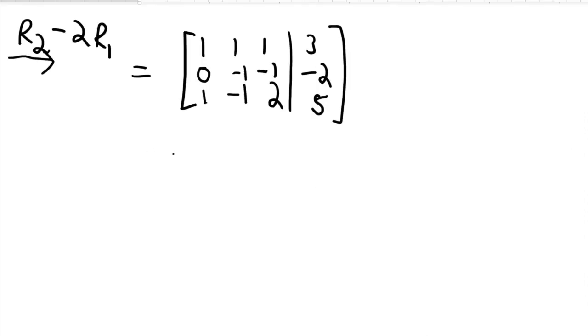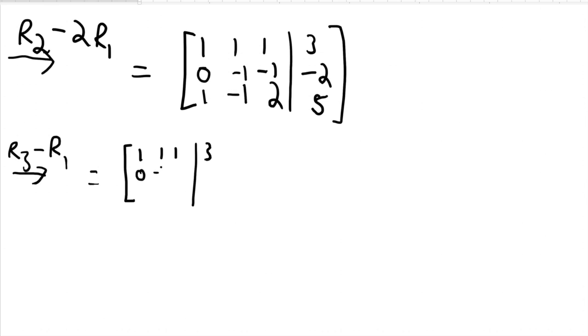If we now make the third row start with a 0, the way we're going to do that is taking away row 1 from row 3. So row 3 minus row 1, and that will give us 1, 1, 1, 3, and then the second row will be the same, so 0, -1, -1, -2.